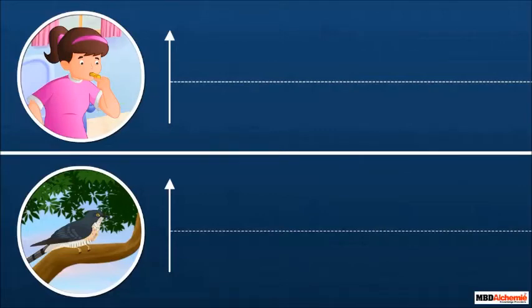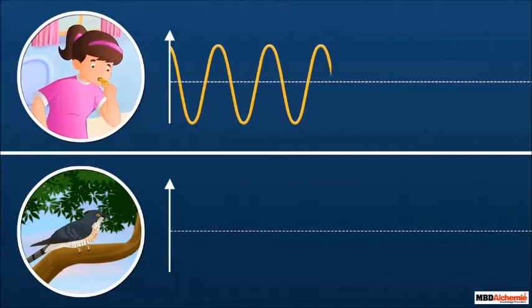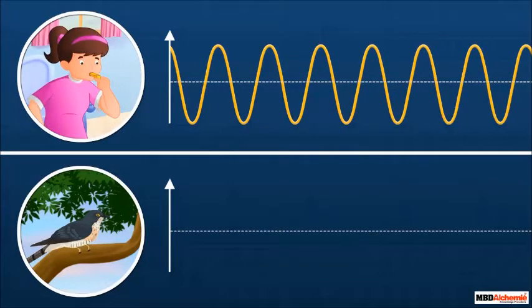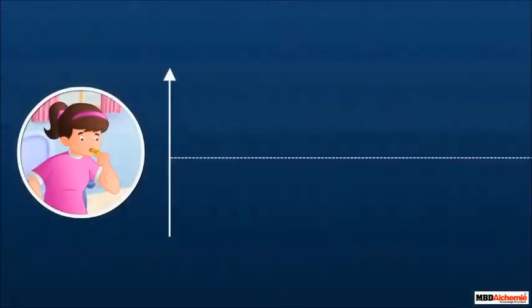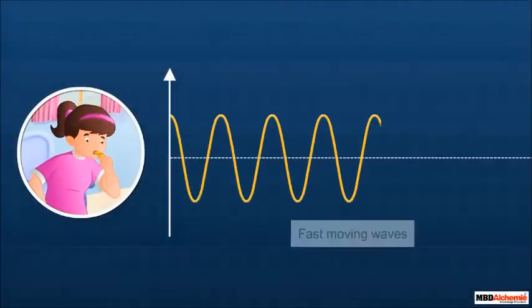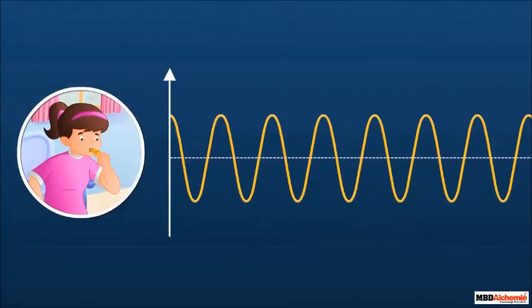To understand this, let us consider these 2 sounds: blowing of a whistle and cooing of a cuckoo bird. In case of a blowing whistle, the waves are moving fast and hence the frequency is high.